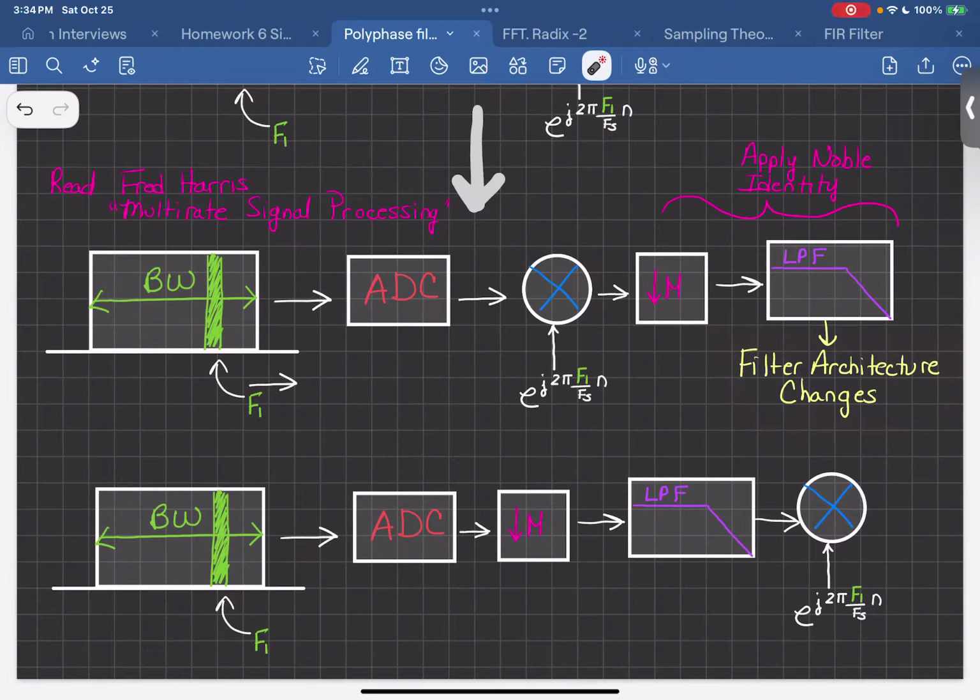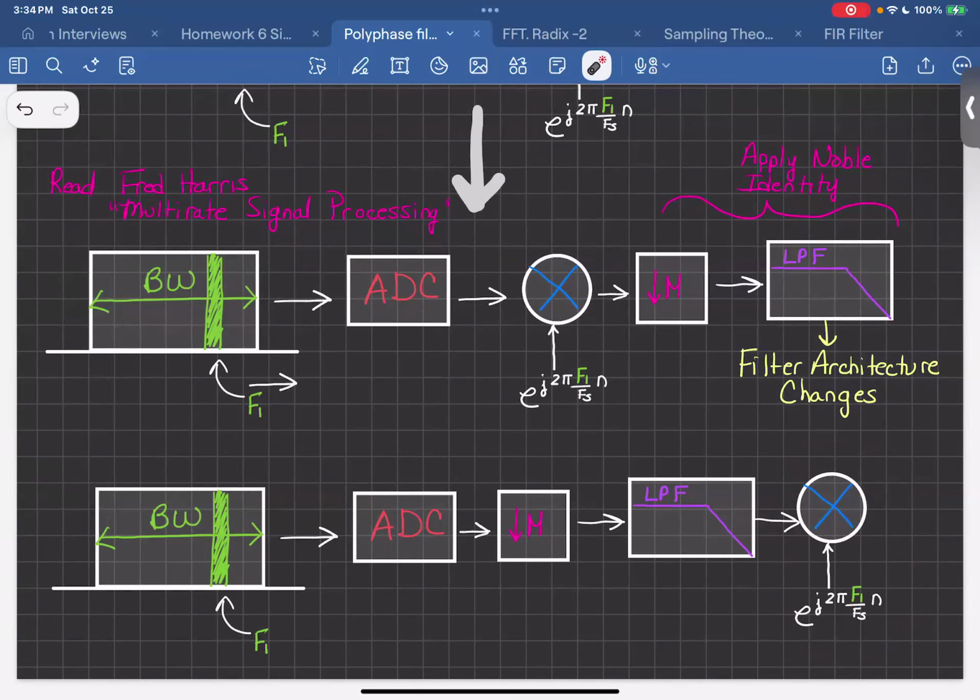Okay. And then because this is hanging out right here, it doesn't matter if we multiply or mix here or mix down here. And so that's what we do. We slide the mixer through. So the first thing we do is we apply the noble identity and switch the low pass filter with the downsampler.